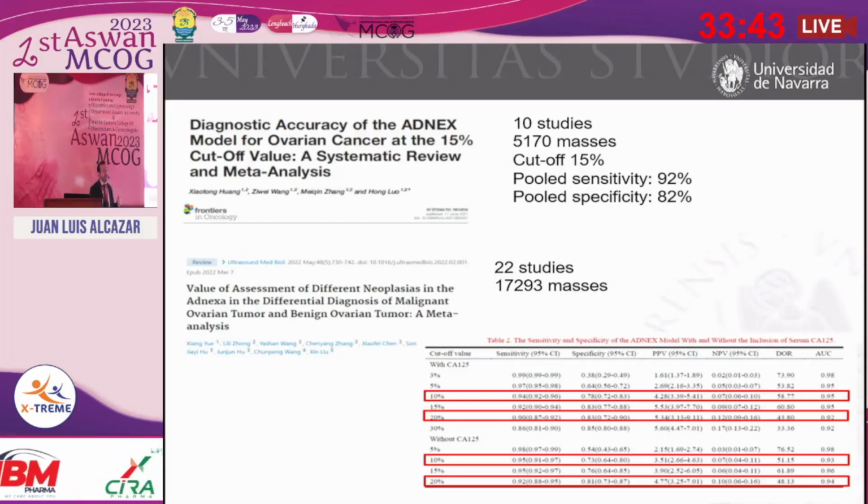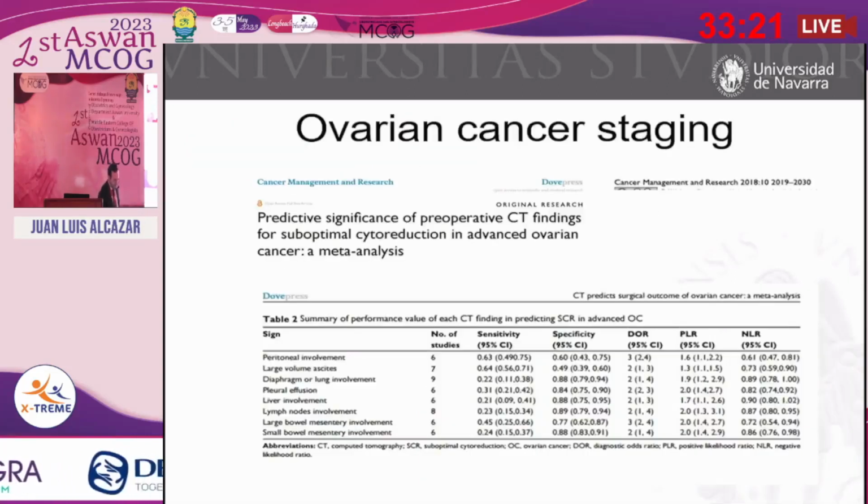So it reaches a significantly high sensitivity. Very few malignant tumors are going to be missed when using this ADNEX model, but the specificity is a little bit low, because we are going to have like 20–25% of false positive cases.